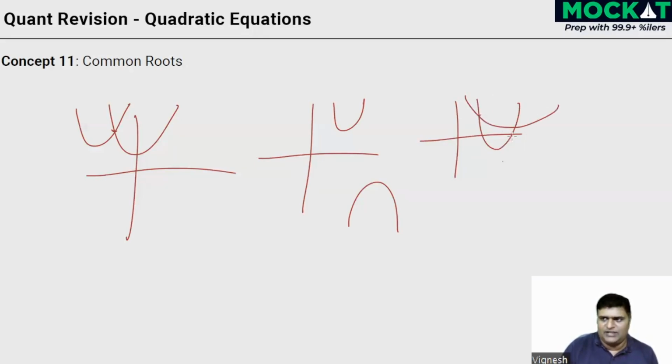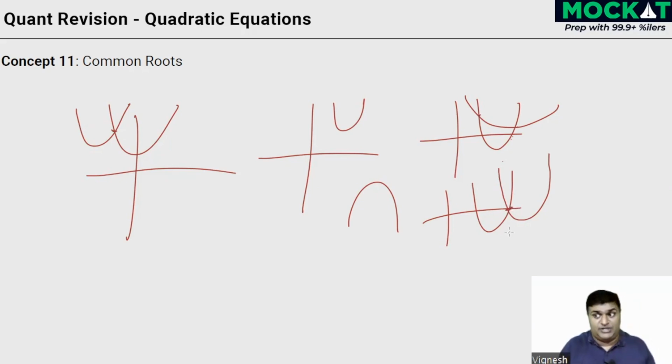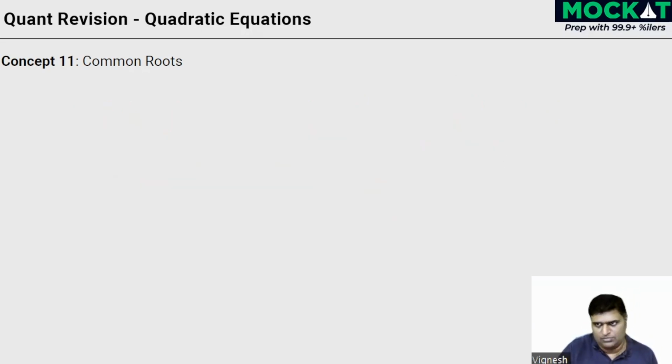Now, if these are going to be a common root, right, then the two expressions are intersecting when the output is 0, right? So that's what a common root means over here. And we have to first equate the two expressions, find the intersection points, and then check if those intersection points are going to give us 0 as the output, right? That's the approach.